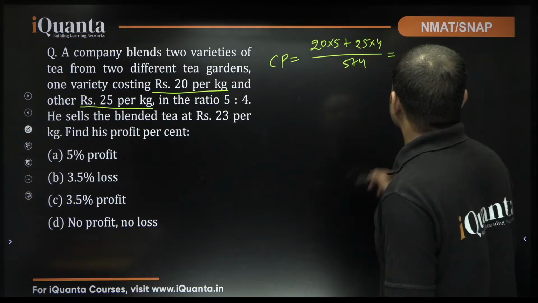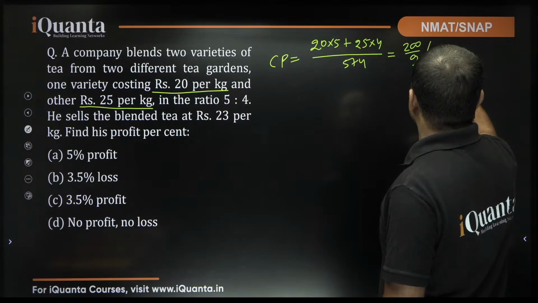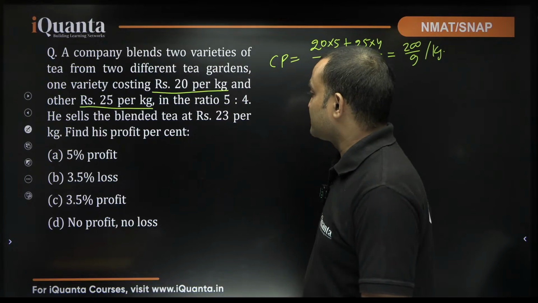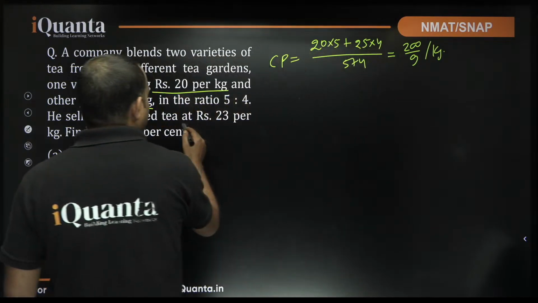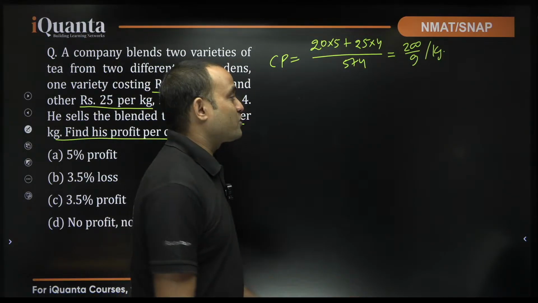So 200 upon 9 rupees per kg. This will be the overall cost price per kg, right? He sells the blended tea at 23 rupees per kg. Find his profit percentage.